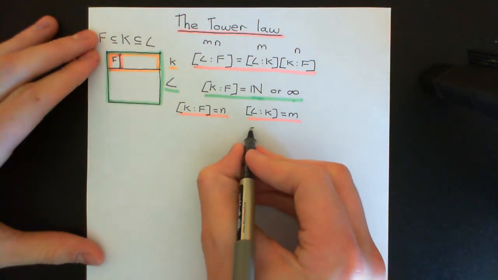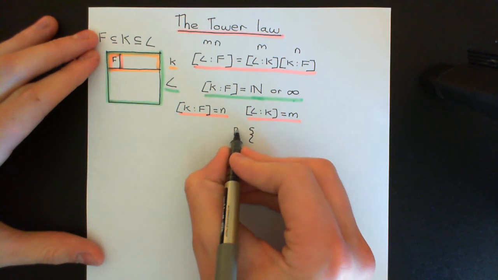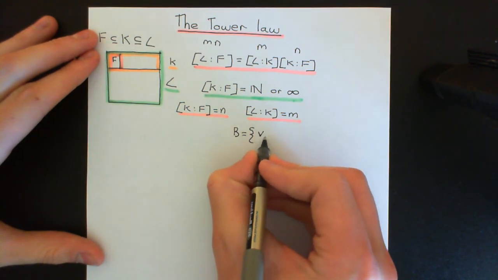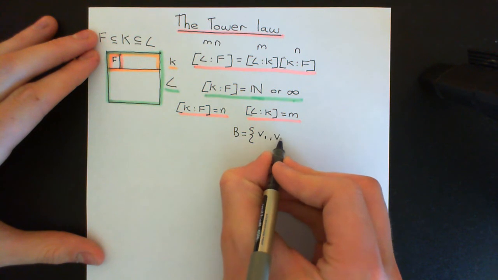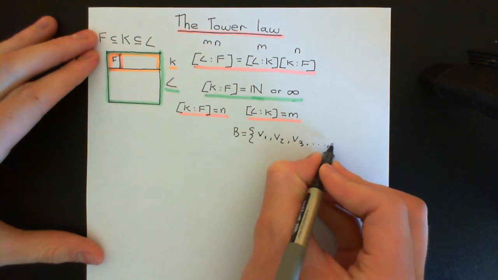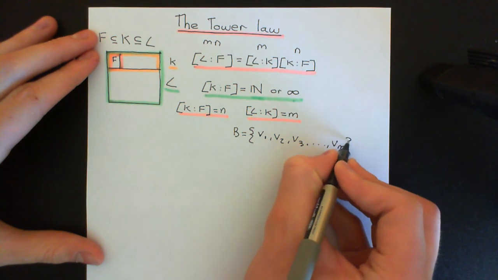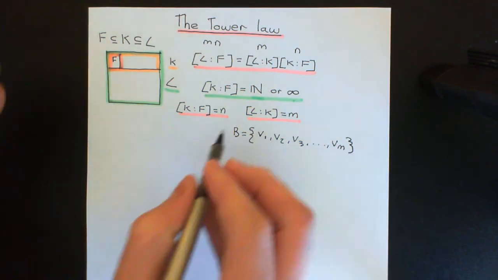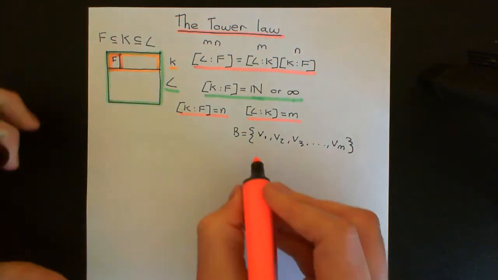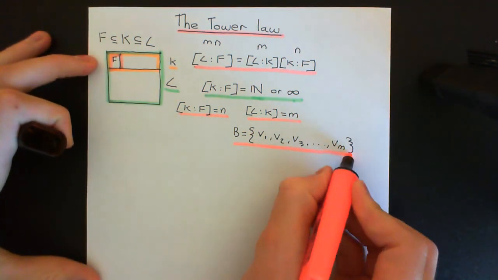Let's say the basis for L, which I'll just call B here, contains these m elements, which we'll call V1 for vector 1, V2, V3, all the way up to Vm. So this is my basis for the vector space L viewed as a vector space over K. So this is my basis for L over K.